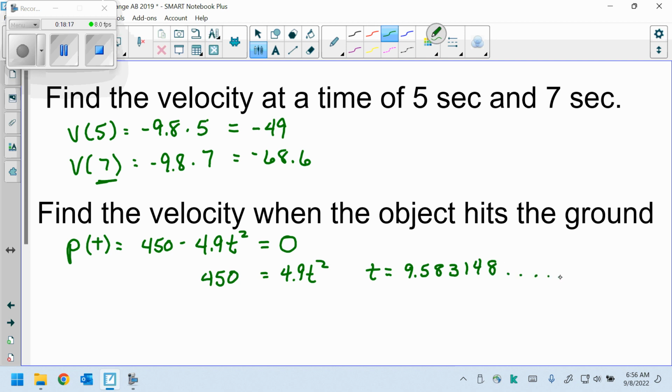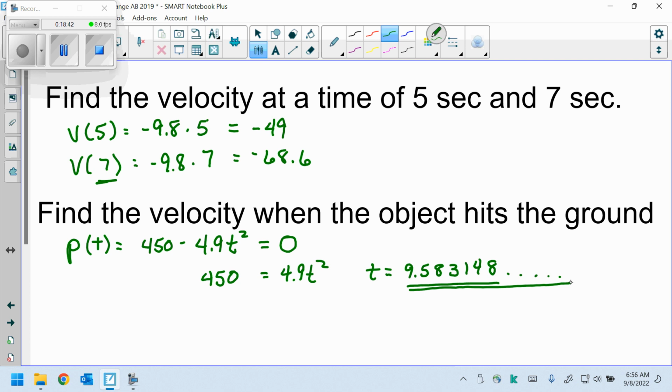Now, normally, always, when you can use your calculator in calculus, you got to be accurate to 3 decimal places. But it's your final answer that has to be accurate to 3 decimal places. And your final answer is not this time value. And so you have to use all these digits that are on your calculator.